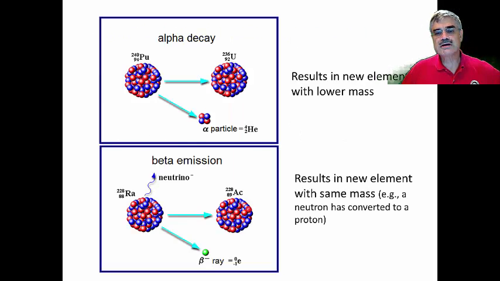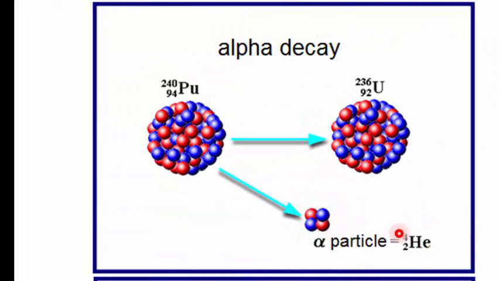The next slide illustrates these 2 types of nuclear reactions in a graphical way. The top box shows alpha decay, and it shows a certain nuclide, this one being plutonium, Pu, and it undergoes an alpha decay in which it emits an alpha particle, which is a 4-2, a helium nucleus, 2 protons and 2 neutrons, whichever are the red and which are blue, leaving behind a smaller nuclide, this one being uranium-236.